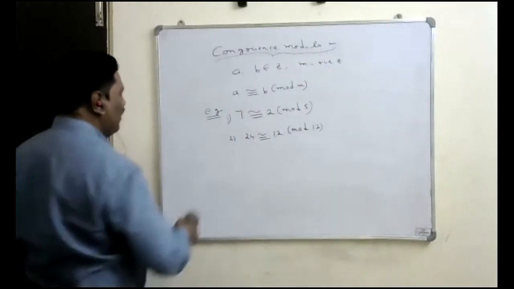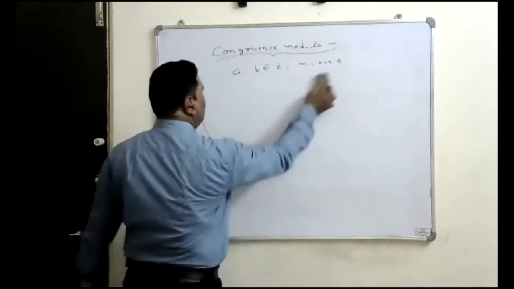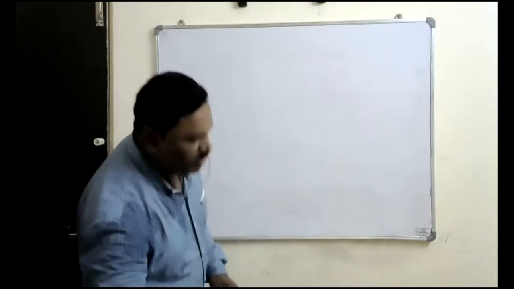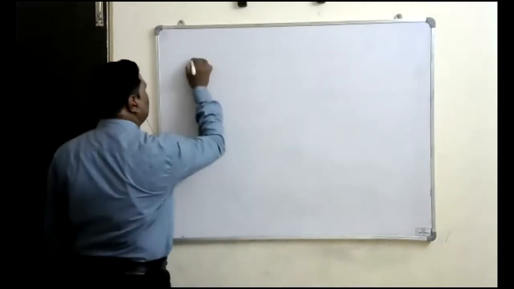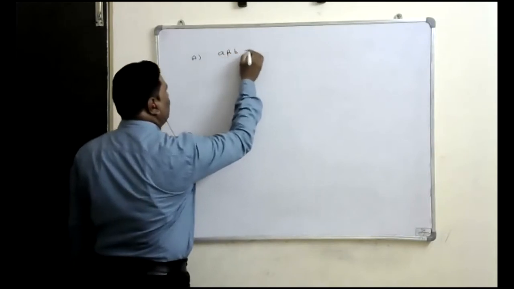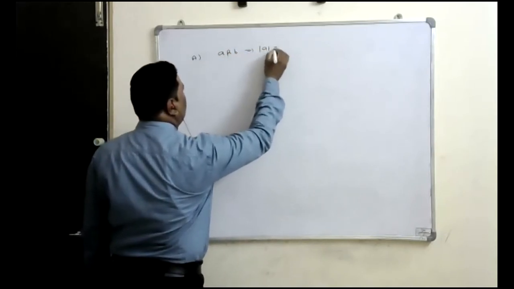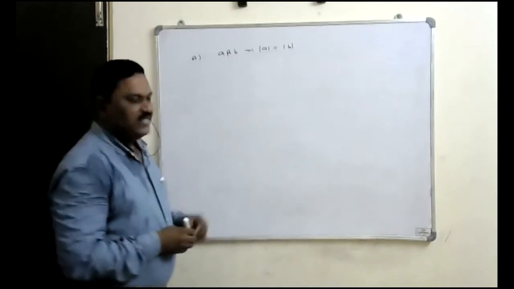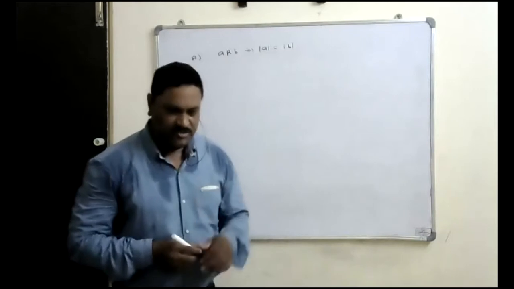Equivalence means it has to satisfy reflexive, symmetric, as well as transitive. Option A is correct because they have given mod A is equal to mod B. So whenever an equal symbol is there, that is always an equivalence relation.